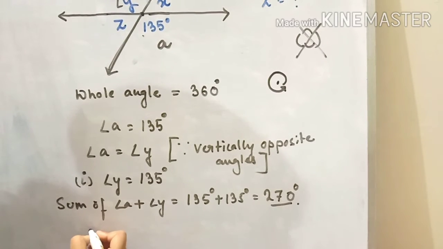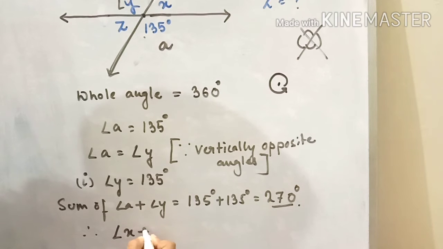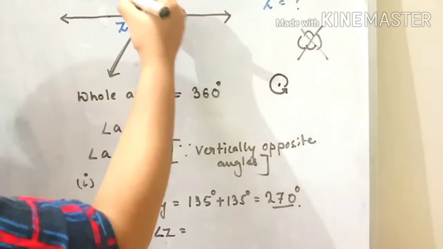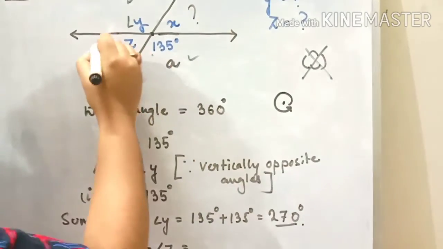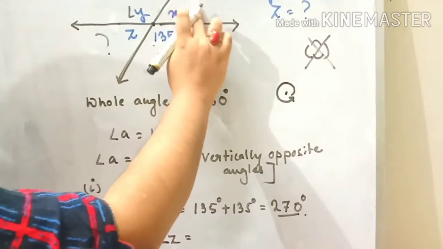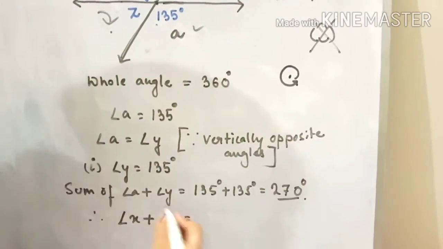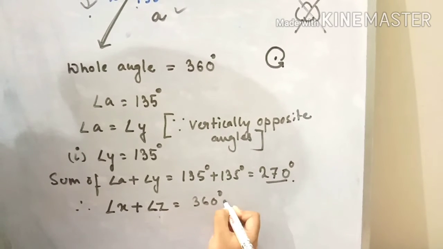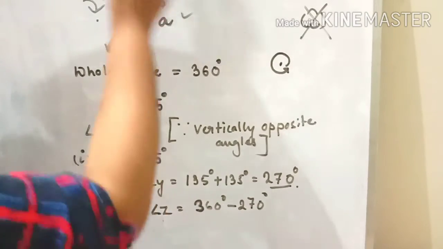That is what we are going to find. Therefore angle X plus angle Z, both together. That means we have got this, we have got this. Now we need to find this and this, right? So these two together form the remaining angle. Now how are we going to find it? We are going to subtract this 270 degree from 360 degree, that means the whole of the angle.